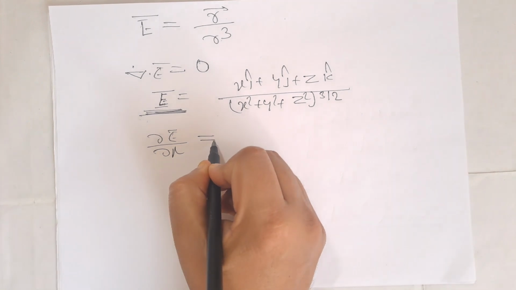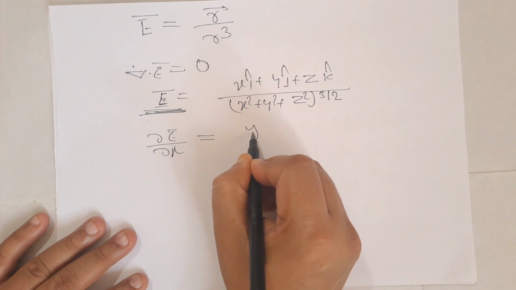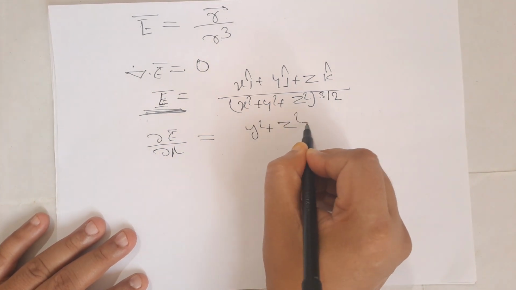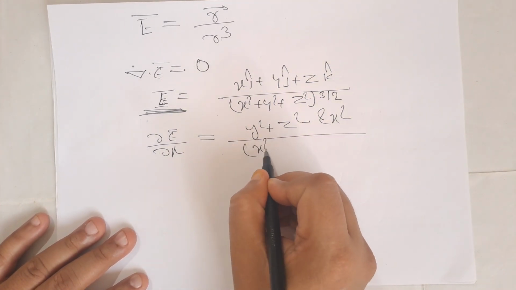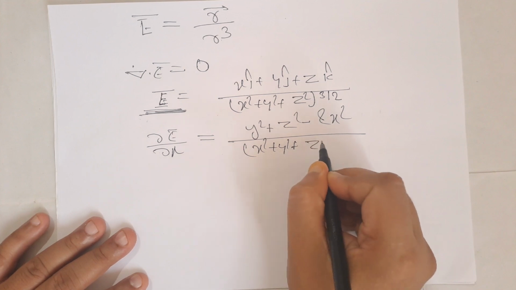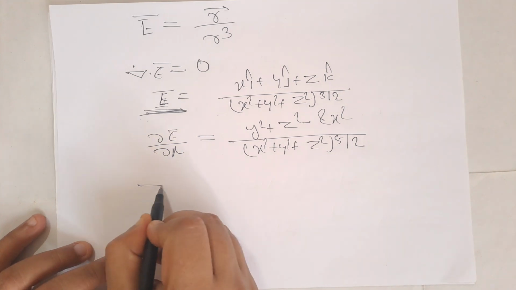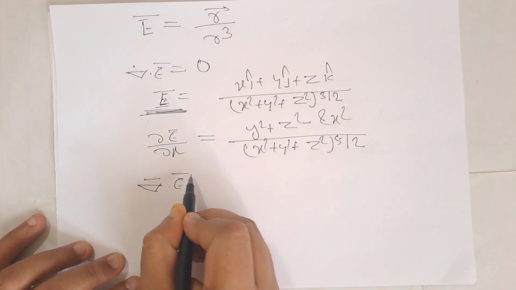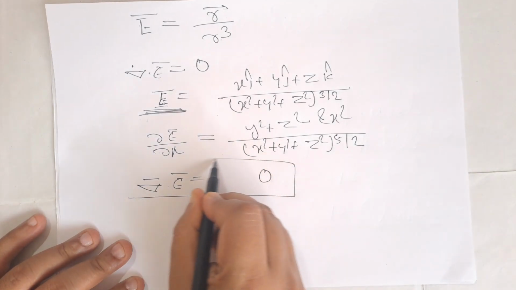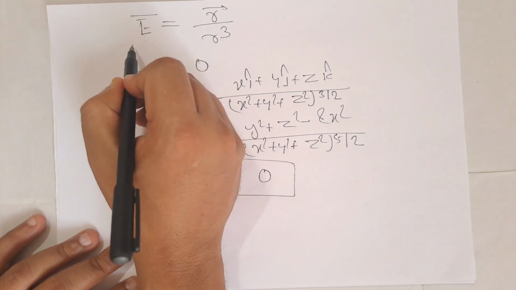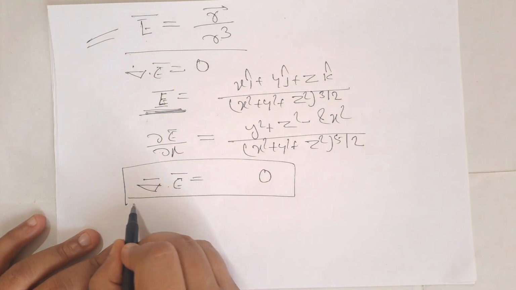Del E by del x will be (y square plus z square minus 2x square) divided by (x square plus y square plus z square) to the power 5 by 2, and the divergence of electric field E will be 0. So if E is equal to r divided by r cube, then divergence is 0.